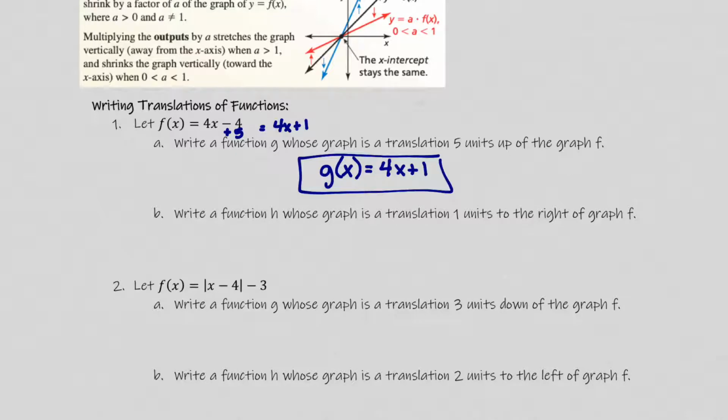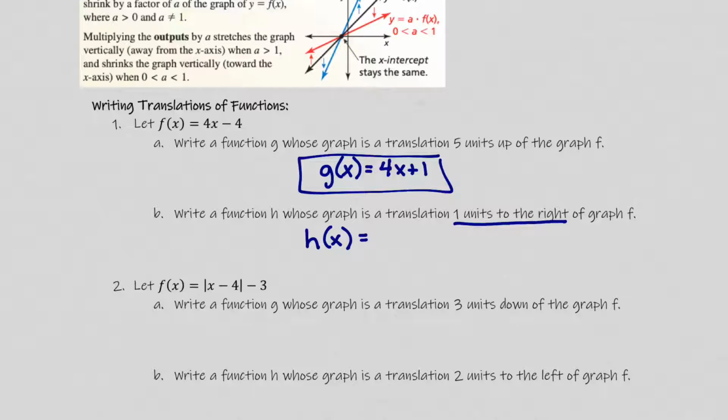So you take the equation, because this is not transforming the parent function. You transform the function you were given and you do whatever transformation it's asking. Okay, so for b here, it says we're going to write function h, and it's going to be translated 1 unit to the right. So remember, left and right is grouped in with x, so we will put a parenthesis since it's going to be inside with x.